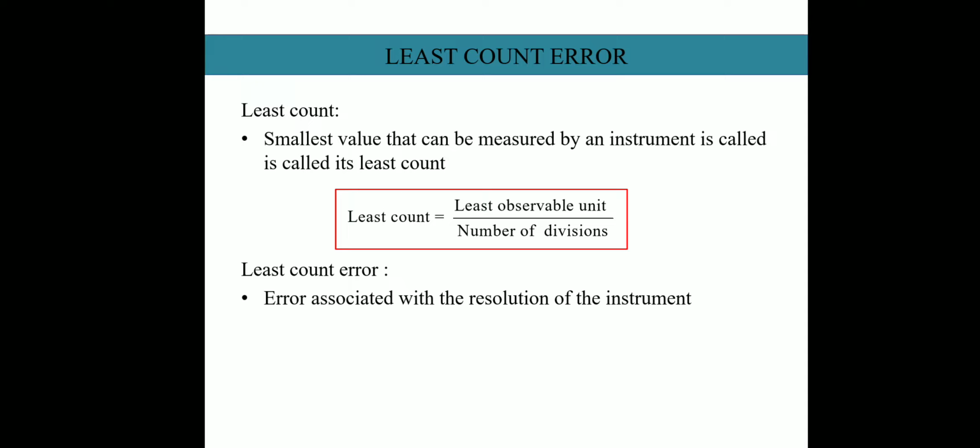What is least count error? It is the error associated with the resolution of the instrument. Like I told you, our normal scale can read the smallest value of 0.1 centimeter, but a different scale could read the smallest value as 0.0001.